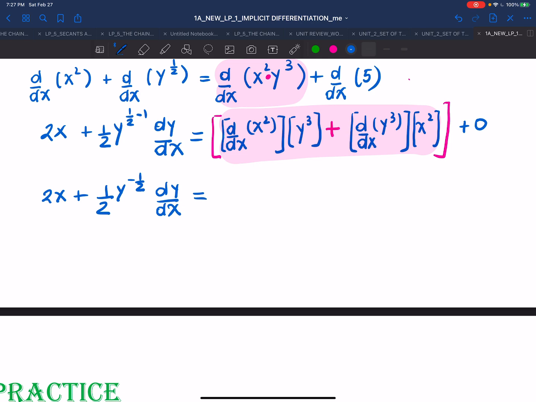equals, here you have explicit 2x times y to the power of 3 plus, here we have implicit 3y squared dy dx, and then times x squared, so the product of these three things.